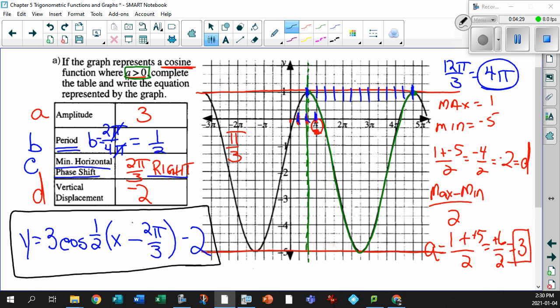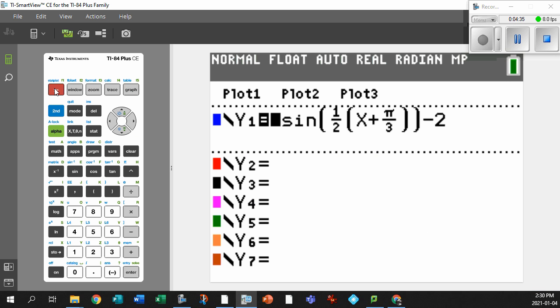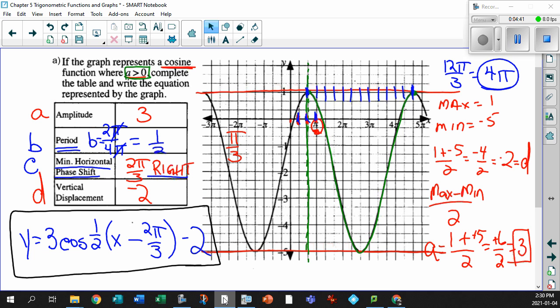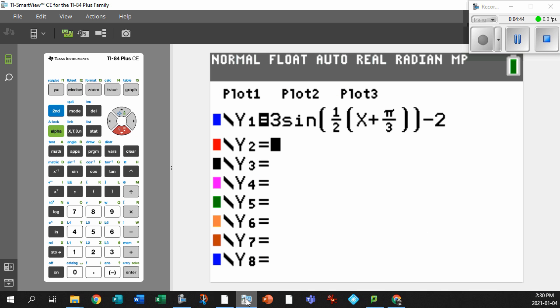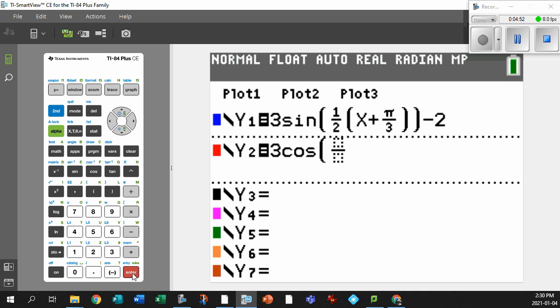Ooh, that'd be interesting. Okay, so I still have the old graph sitting right here, I still have the y equals 2. I'm going to go down here and pump in this new equation, but with cosine in it. So notice, the amplitude is still the same, 3. It is now a cosine graph, and the period is still the same, B is still 1/2, the period was 4 pi.